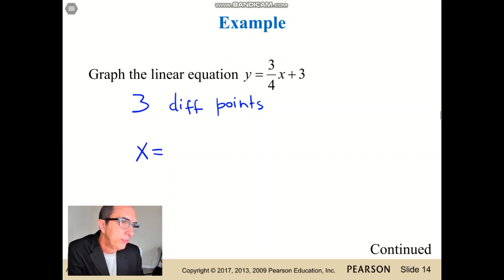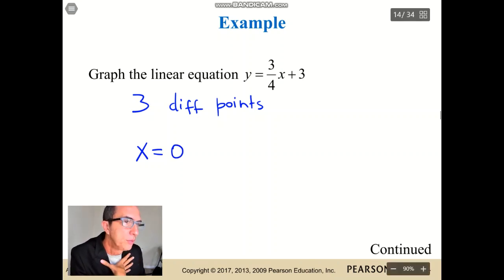First value that we're gonna assume for x, you can assume any value that you want. This is what I usually do. I usually try as the first value 0. And then you're gonna find y equals 3 over 4 times 0 plus 3, right? That means y equals 3.